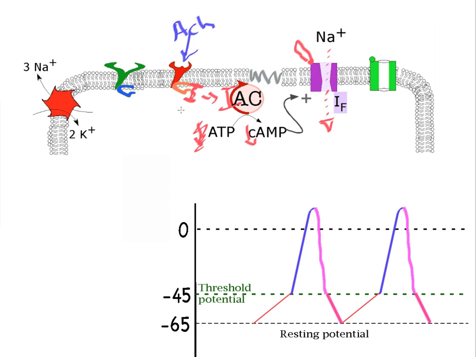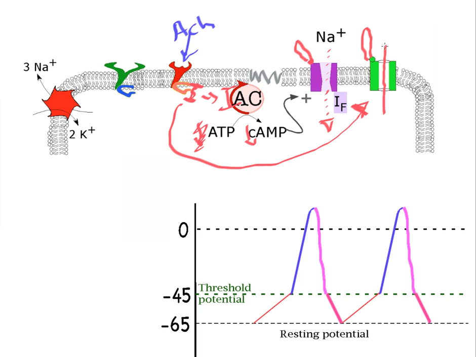But this interaction also leads to the opening of another channel. This is a ligand-gated channel, sometimes called an acetylcholine-gated channel, that allows potassium to move through the membrane.